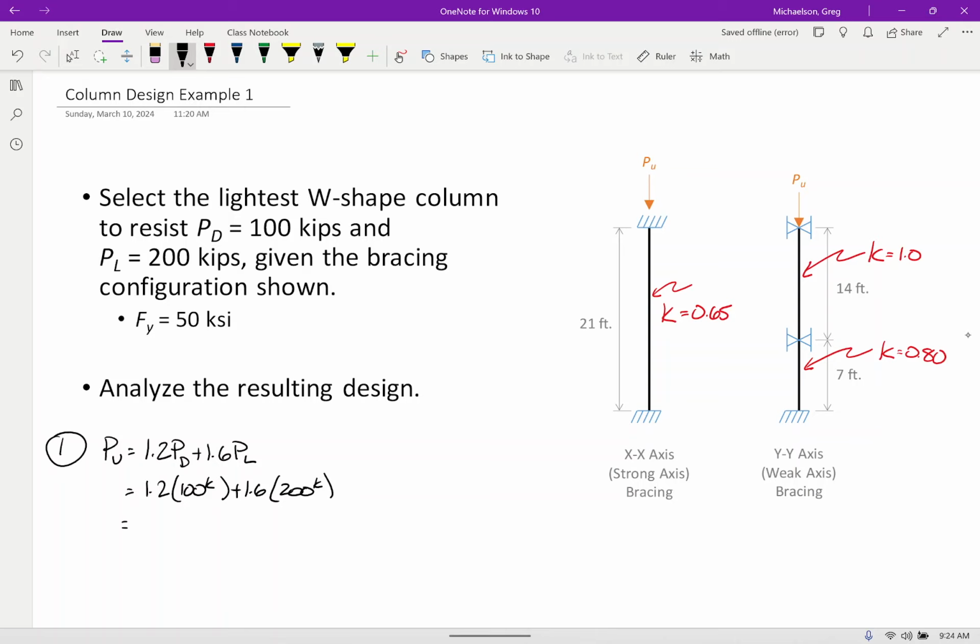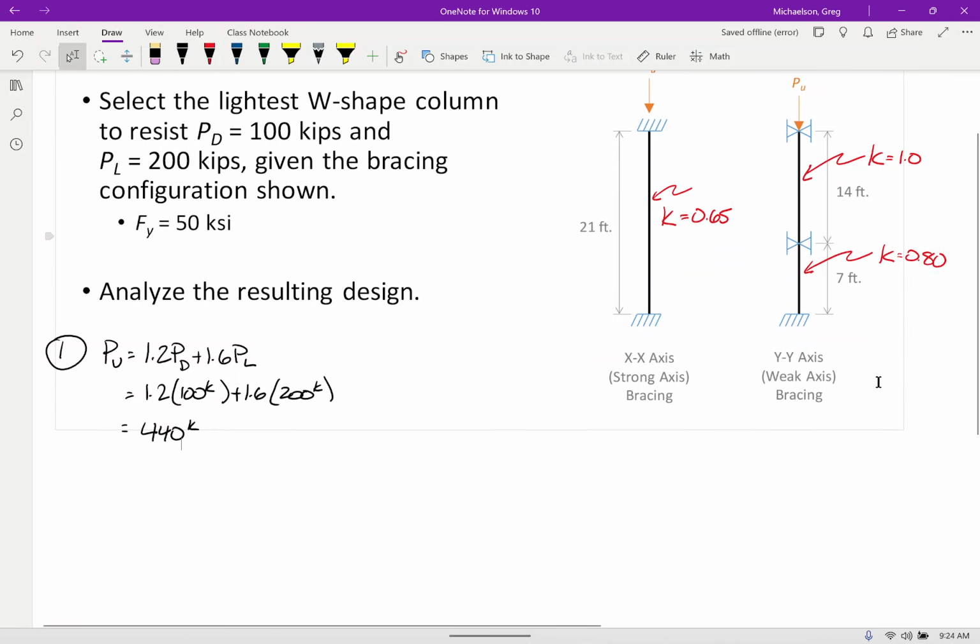Okay, I'm going to put that on the board just so that like we all have it visually up here.